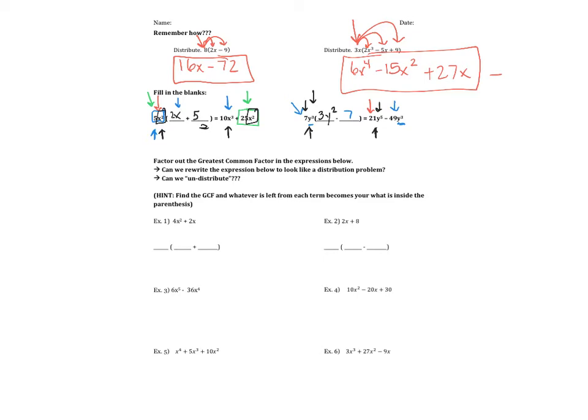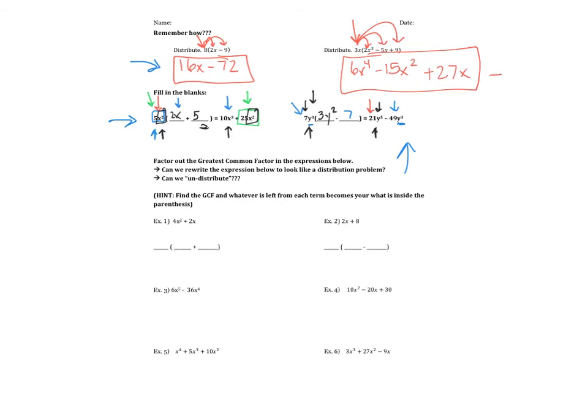All right? So what you can do for this next one is you're going to find the outside and you're going to find the inside. Okay? So what we just did here is called undistributing. We distributed in this top part, and all we did was undistribute in these last two.